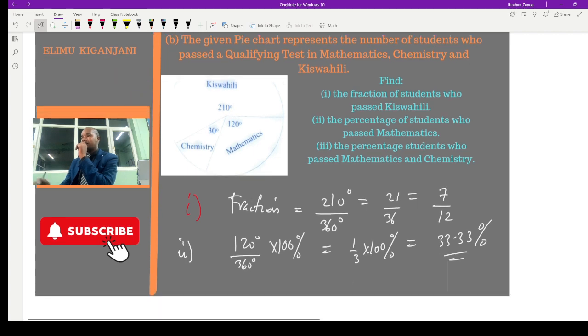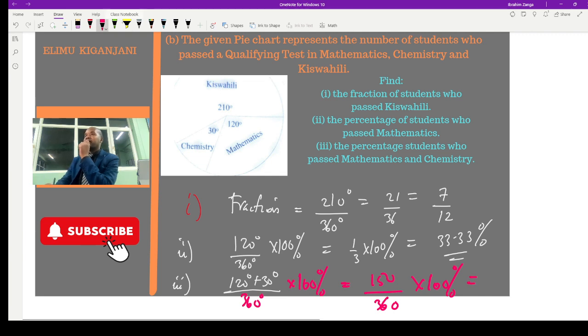Jumping to the last part, part 3, the percentage of students who passed mathematics and chemistry. So for mathematics and chemistry, we will take 120 degrees plus 30 degrees divided by 360 degrees, and you multiply by 100. When you do that, you have 150 over 360 times 100%.